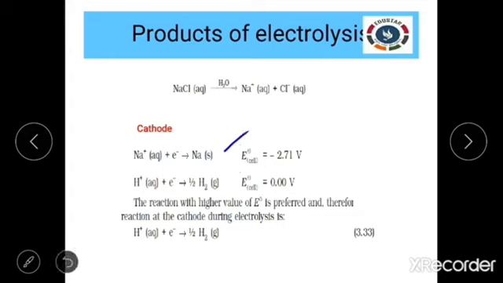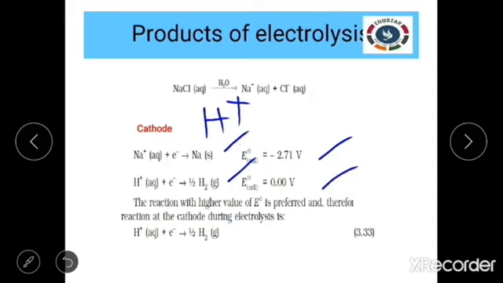There is also another possibility. In water, H plus ions are there. So these H plus ions may add with the electron to give half hydrogen. So there are two reactions which are possible at the cathode. One electrode potential is minus 2.71 and the other is 0.